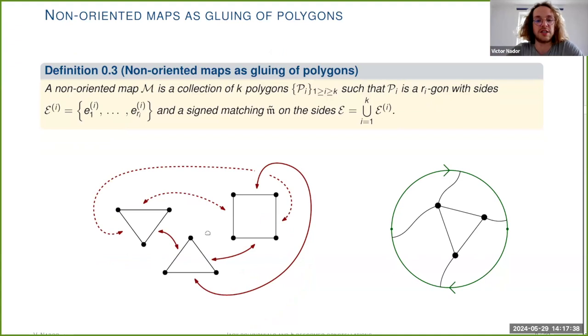So for example, you can check that if you perform the gluing represented by this side matching, then you would get a map embedded on the projective plane. Here the northern part of this circle has to be glued with the southern part with the same orientation. And so for example, the square here ends up over there.